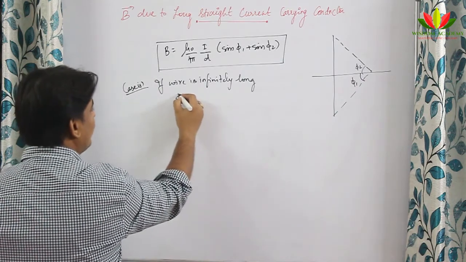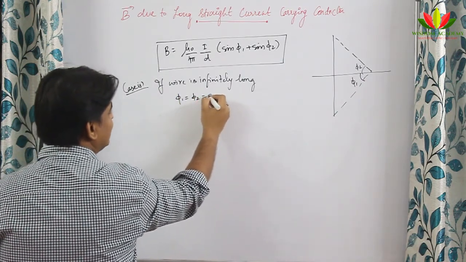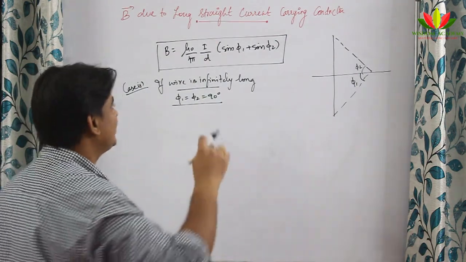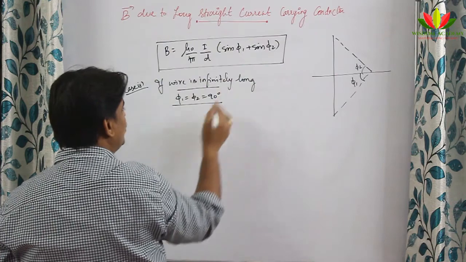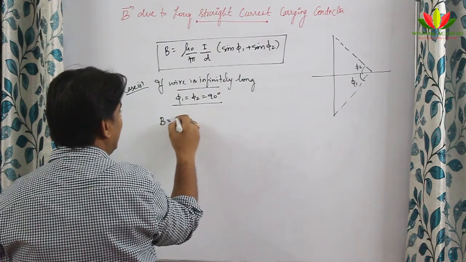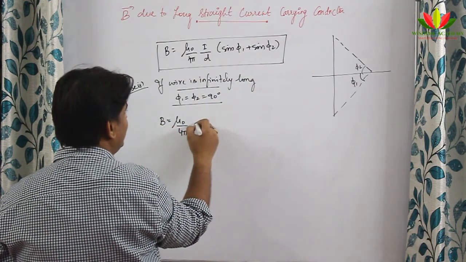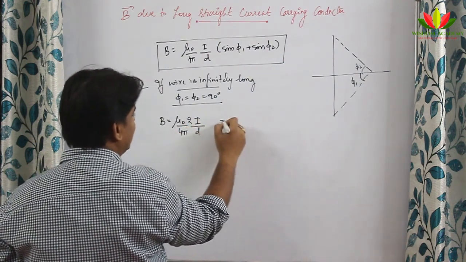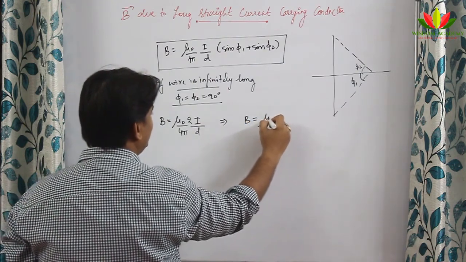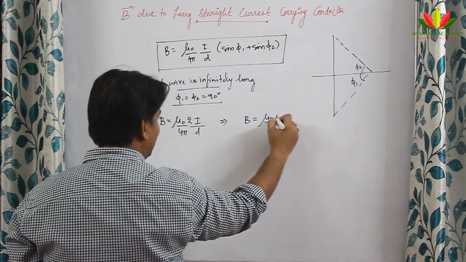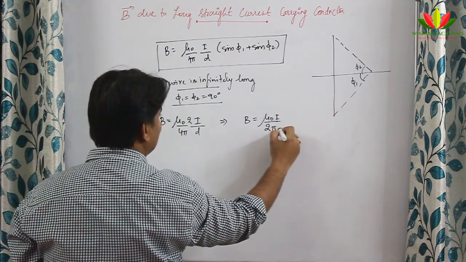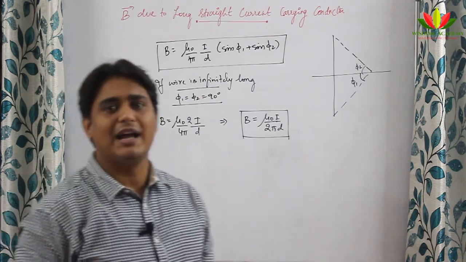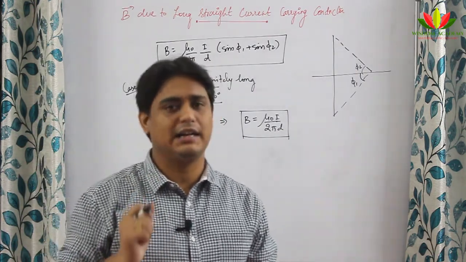So I can assume phi 1 and phi 2 as 90 degrees, and we know that sin 90 is 1. So this will become 1, this will become 1, this whole will become 2, and then I will get the value of B as mu naught by 4 pi into 2I by d, this 2 gets cancelled, and finally you will get B is equal to mu naught I by 2 pi d. This is the value of magnetic field due to an infinitely long current carrying conductor.